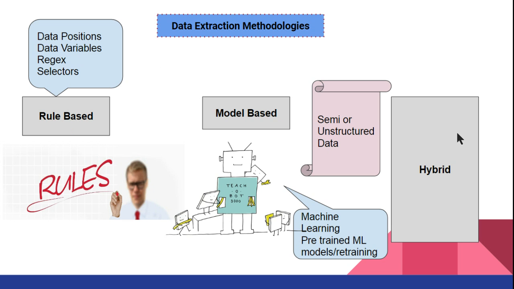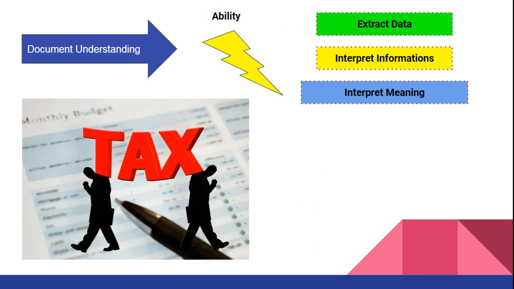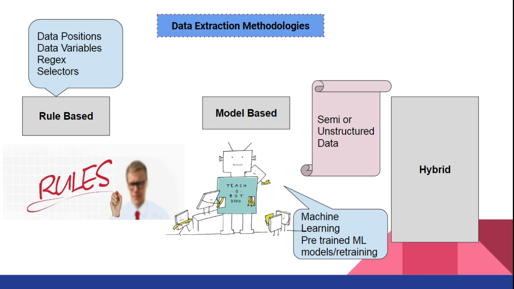Getting it? So these are the things we have learned today. What is document understanding? Extracting data, interpreting information and interpreting meaning is called document understanding, the entire package. And how can it be done? It can be done using rule based methods, or using model based methods, artificial intelligence and pre-trained machine learning models.